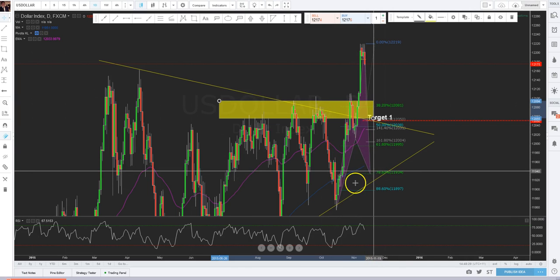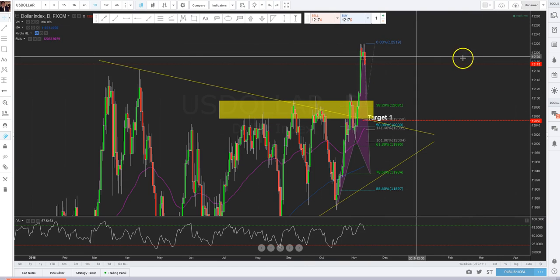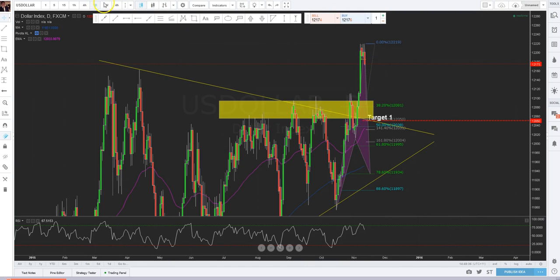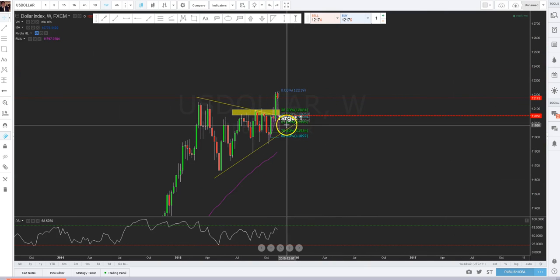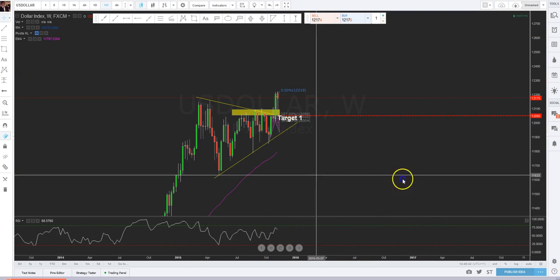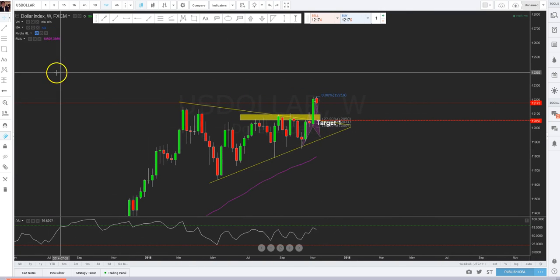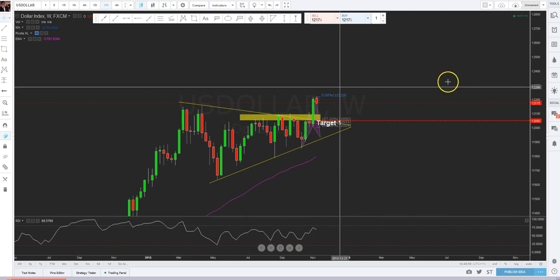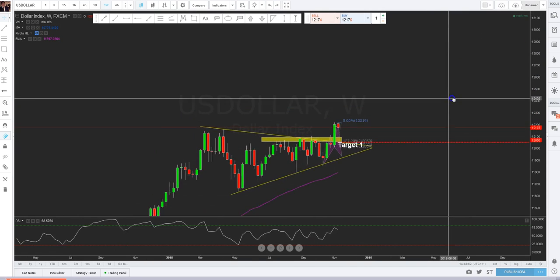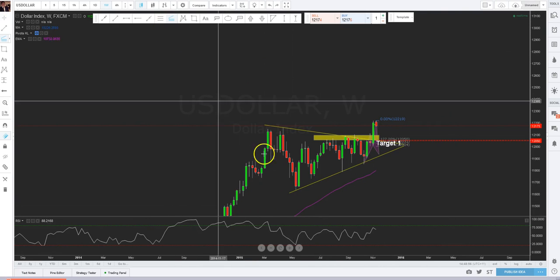If you get it here, you could potentially be looking at this kind of move. Now I'm going to bring it out from the weekly, if you can. I'm not saying you can. Let me just do an extension to see.